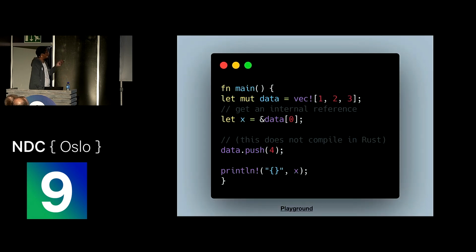Then here, this is an illustration where we have data that's mutable, that can change, and we also have an immutable reference to the data. So this is how you opt in to mutability in Rust. So we are saying here that this vector might change. Then here we do a reference to the first element, but this reference is immutable. And then at this point, we try to mutate the vector. And essentially, the compiler is going to complain and tell you you cannot have mutability and immutability at the same time.